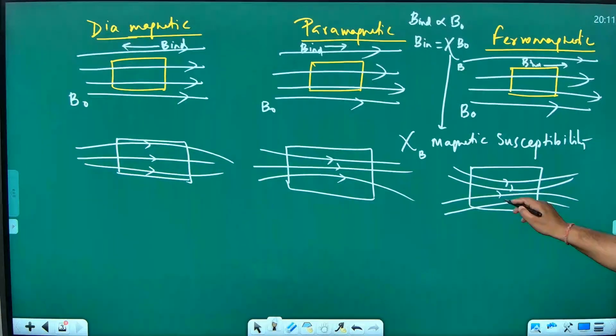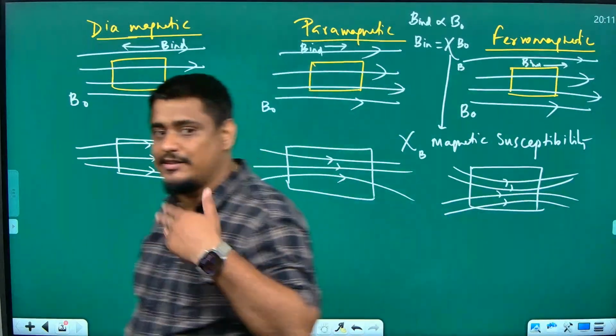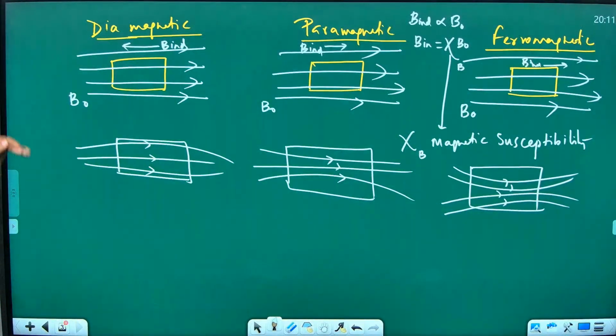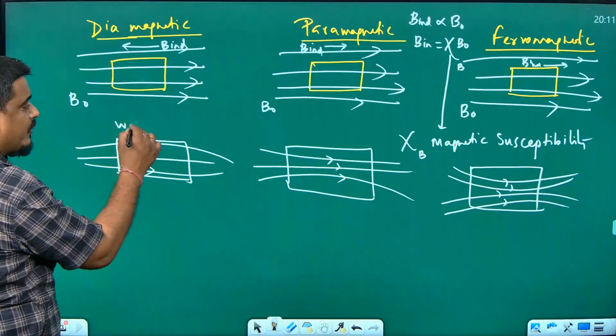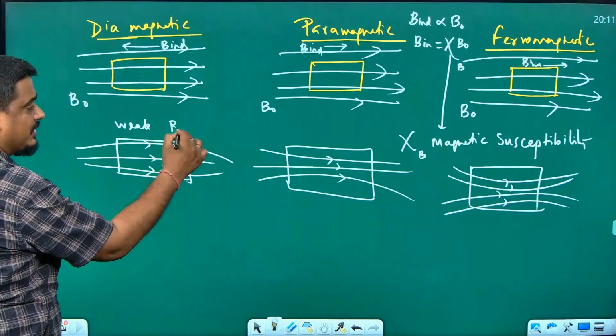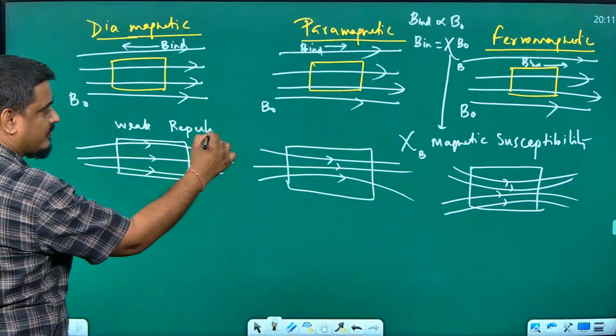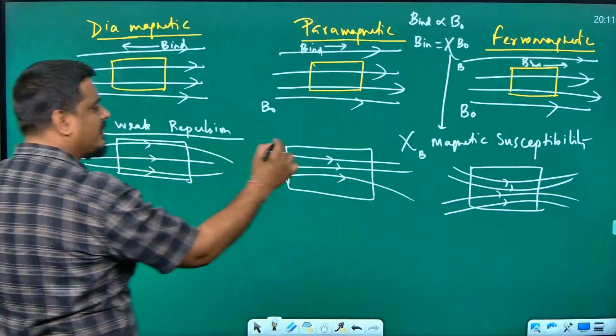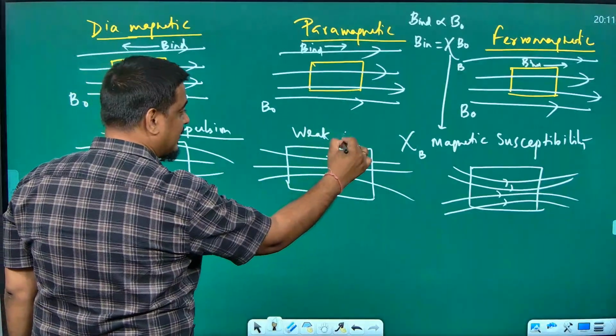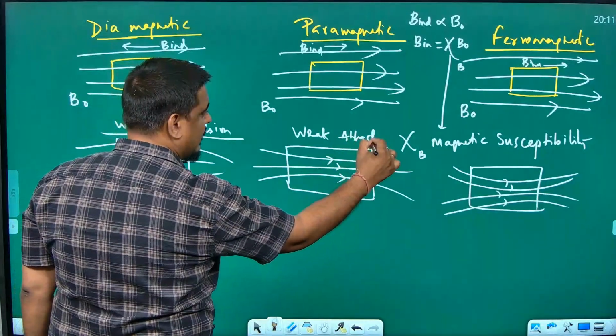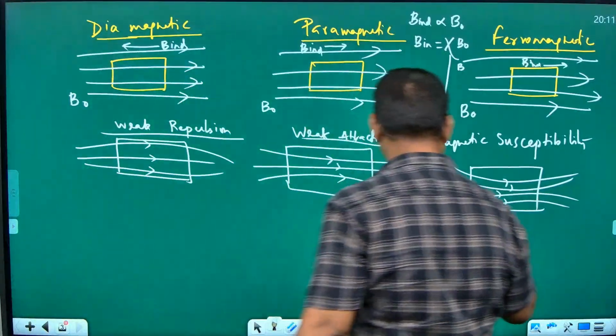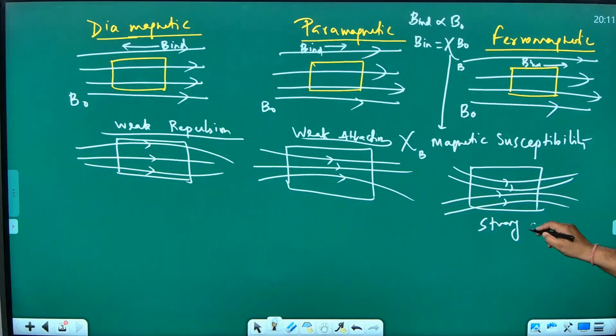So, these diagrams I have drawn based upon the theories I have studied some time before. In the case of a diamagnetic substance, we have weak repulsion. Here we have weak attraction. And what do we have here? We have strong attraction.